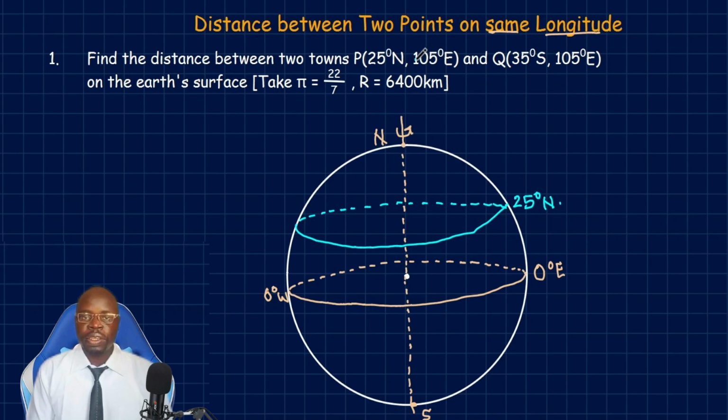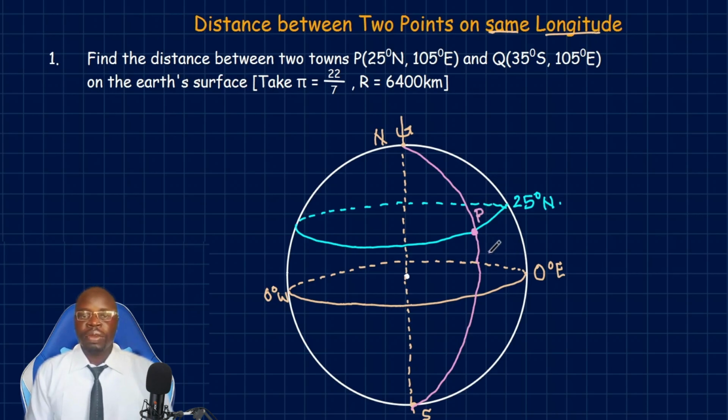Since it is 105, and if we assume this to be our Greenwich meridian, that is 0 degrees longitude, we can measure outward and should be far from the center because the degree there is a little bigger. So we can draw that longitude here, and join it like that. This point is where our P is. So we have P at this point.